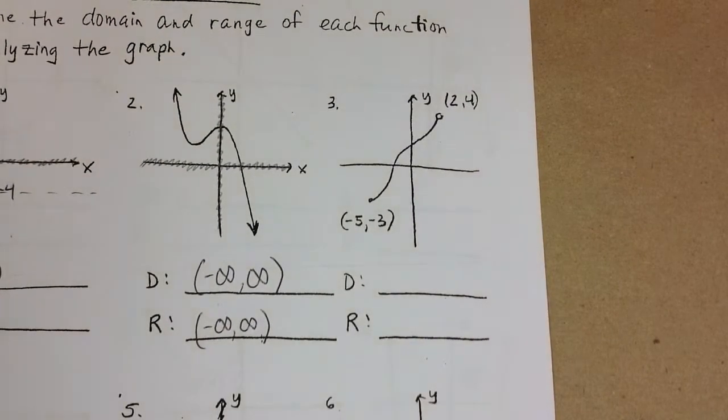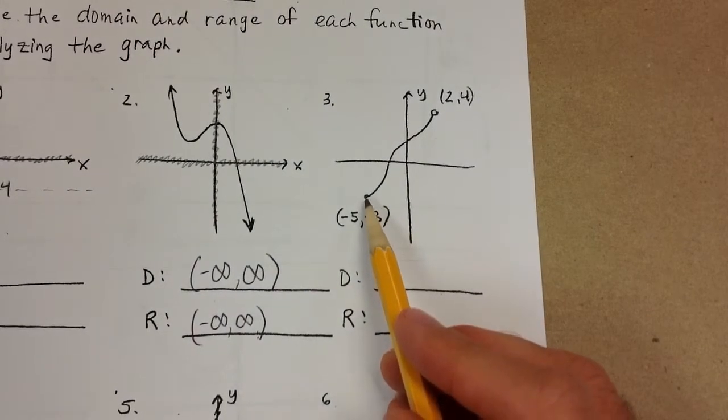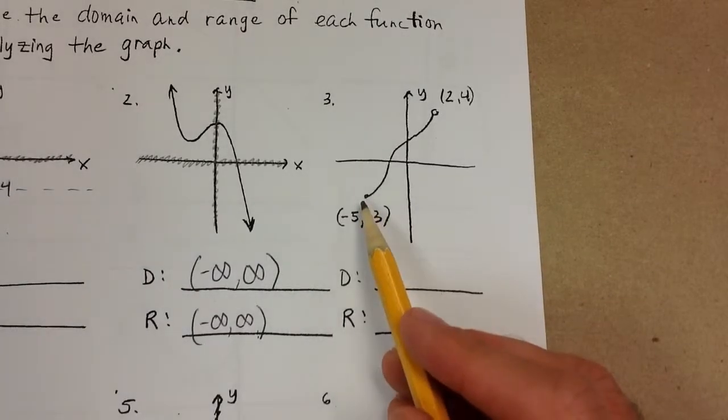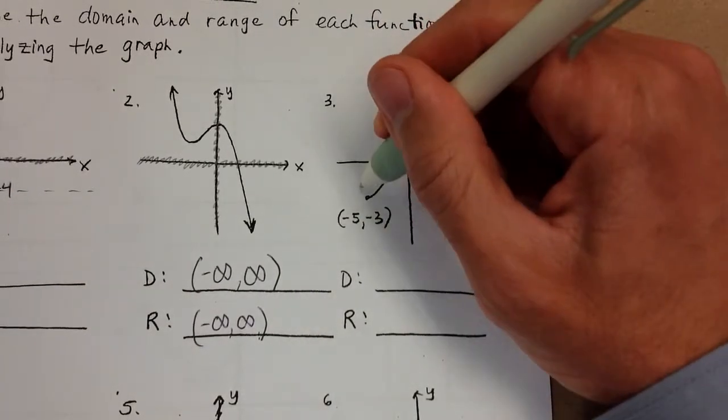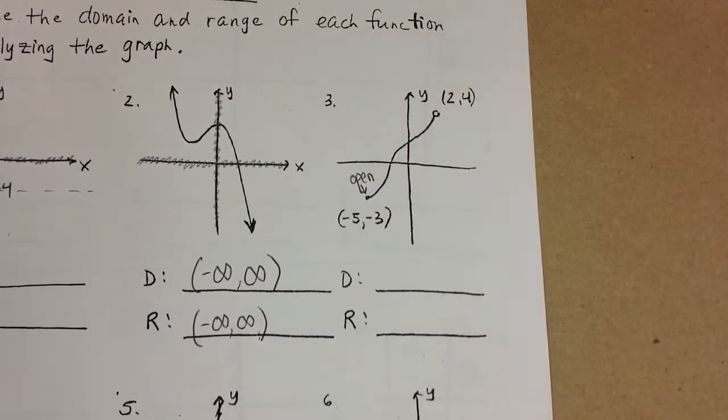Okay, Allie, could you tell us what you think the domain is for number 3? Yes, and it's not clear whether this is an open or closed circle. It looks like it has a little opening in it, so we'll just say it's open. It affects whether it's a bracket or a parenthesis.